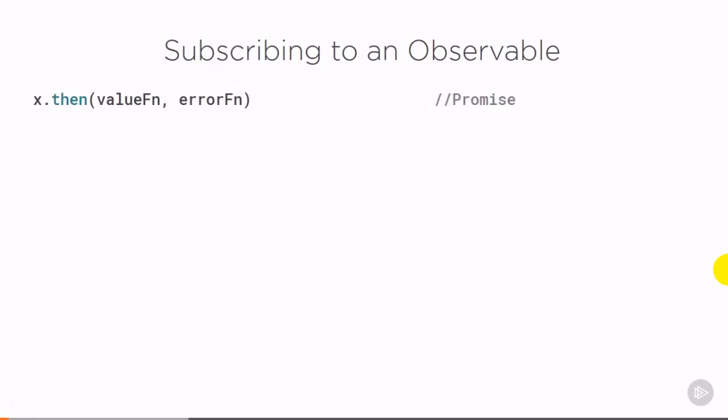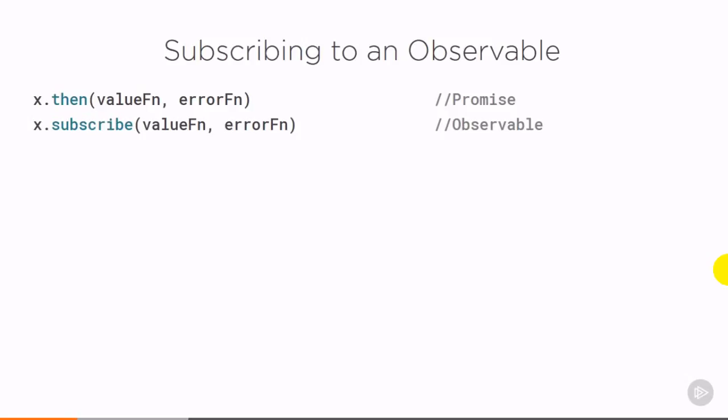If you are familiar with promises, you know that you receive the result of the promise, X in this illustration, by calling then. Then takes two arguments, a value function that is called when the promise completes successfully, and an error function to handle any error condition. If we define X as an observable instead, we simply replace the then with subscribe.